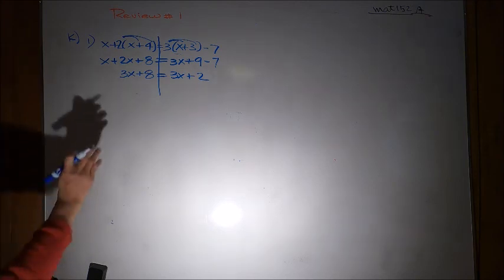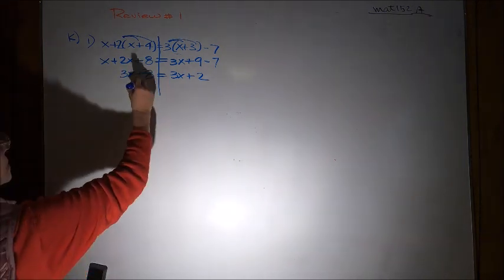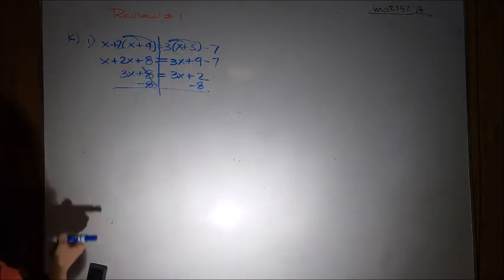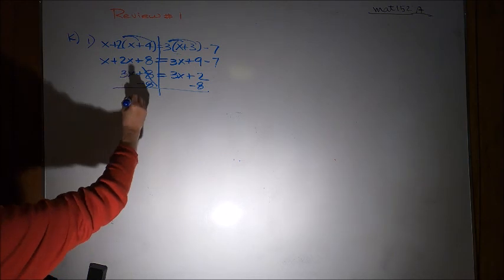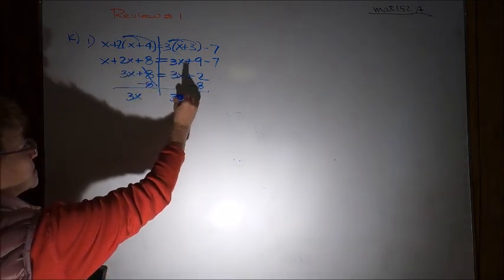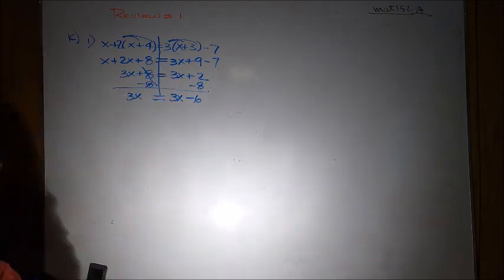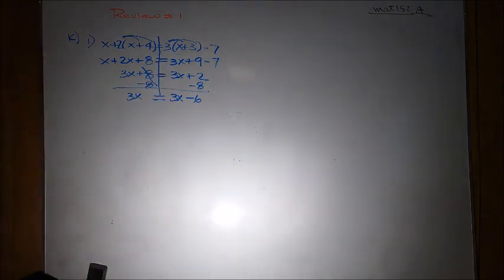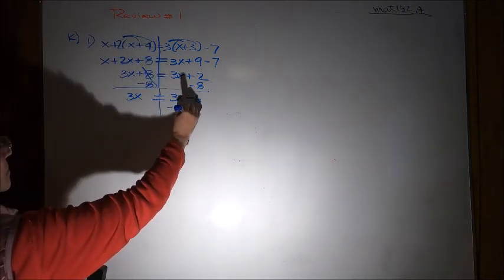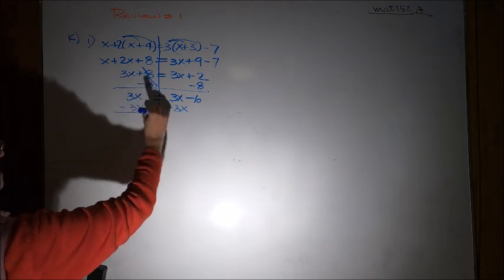Then move numbers over, so you're minus 8, right? So we have what? 3x here, and here 3x minus 6, right? Then move the variable to the left hand side, minus 3x.